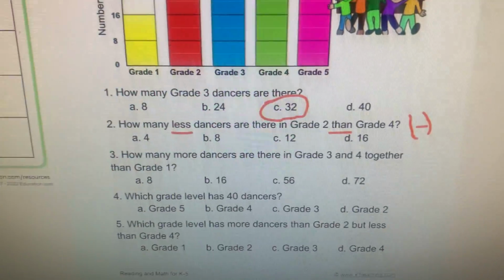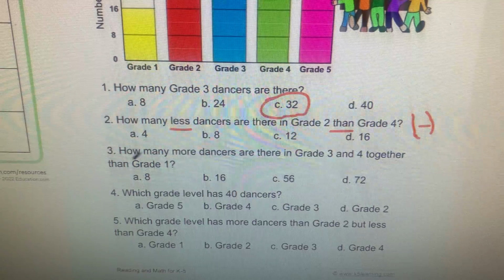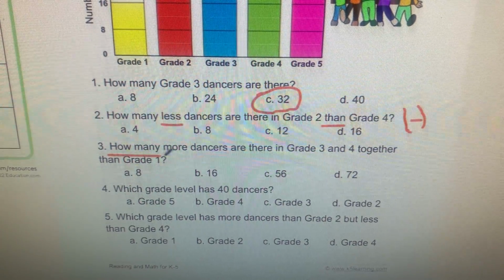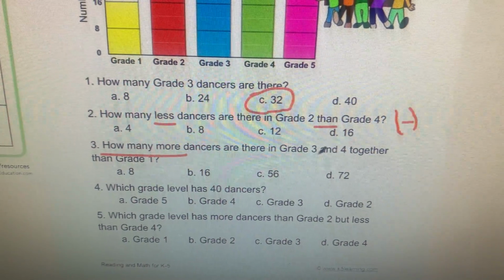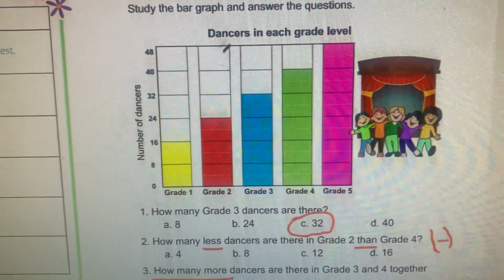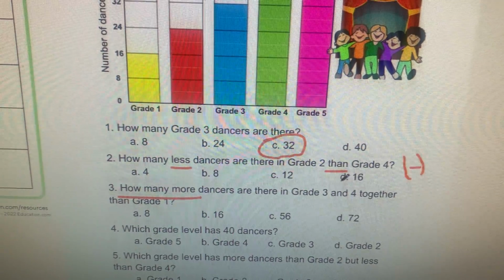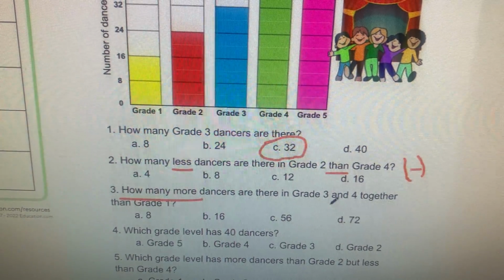Number 3, how many more dancers are there in grade 3 and 4 together than grade 1? So first, you're going to add grades 3 and 4. So we see this word and.